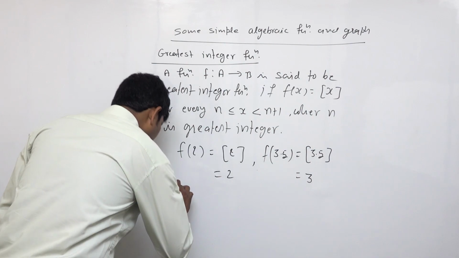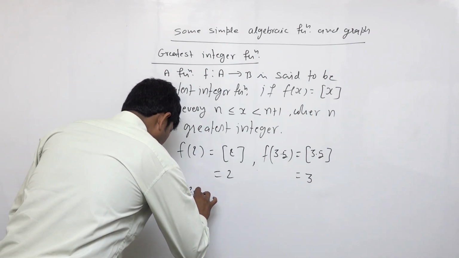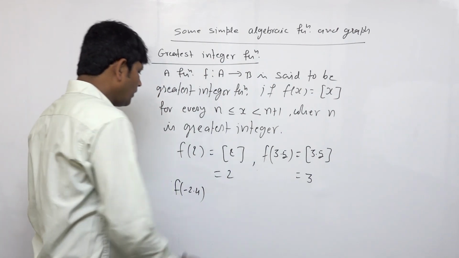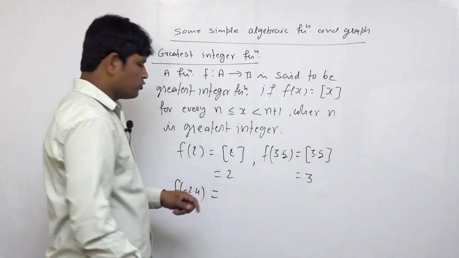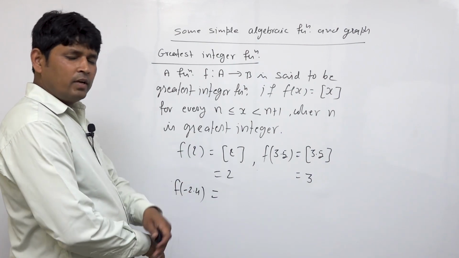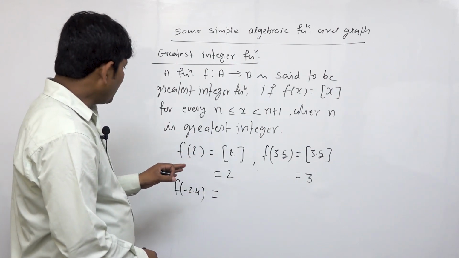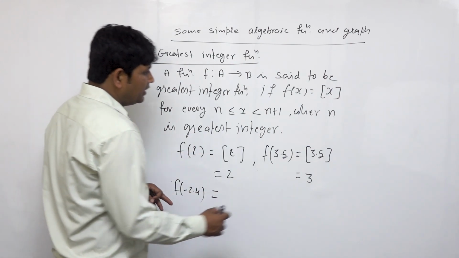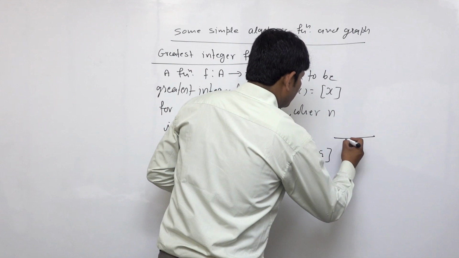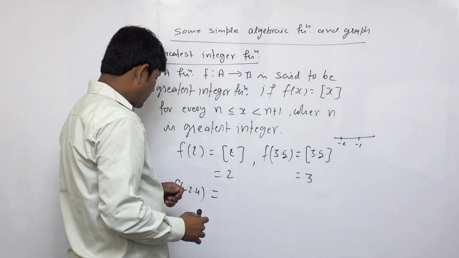Suppose I take another example, f(-2.4). What value will we take as the greatest integer? On a number line, there is -2, there is -1, and -3.